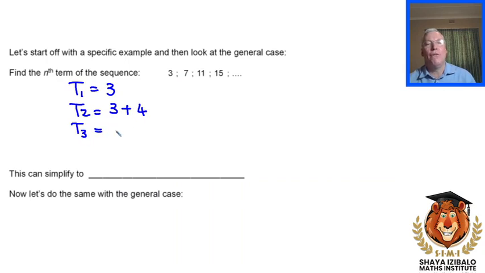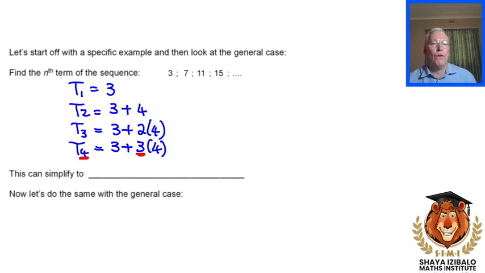We add another 4, so now we've got 3 plus 2 lots of 4. How do we get to T4? We add another 4, so we've now got 3 lots of 4. Now I want you to look at this number over here and this number over here. To find the fourth term, we add 3 lots of 4.